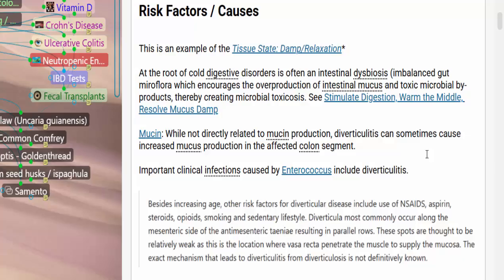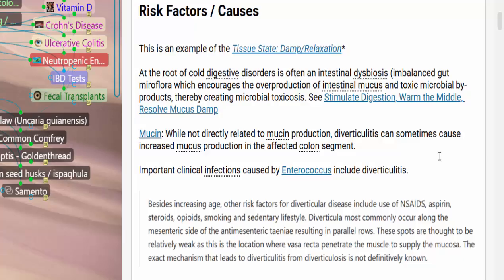Now, in terms of mucin, while not directly related to mucin production, diverticulitis can sometimes cause increased mucus production in the affected colon segment. And also, it's worth noting that when you have an infection from the bacterial species Enterococcus, that can bring on diverticulitis.